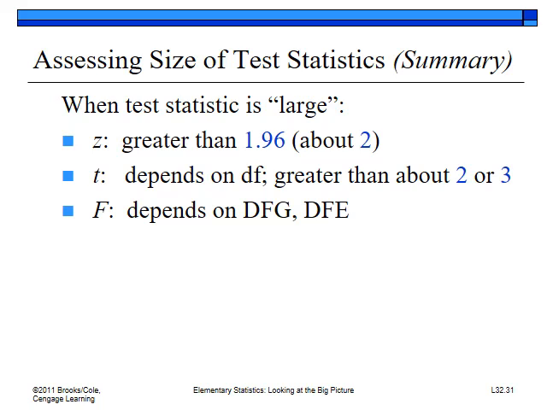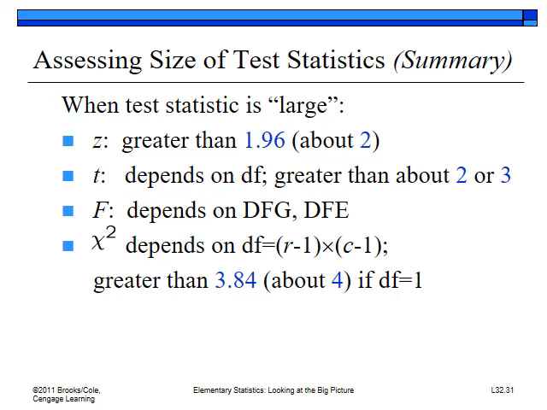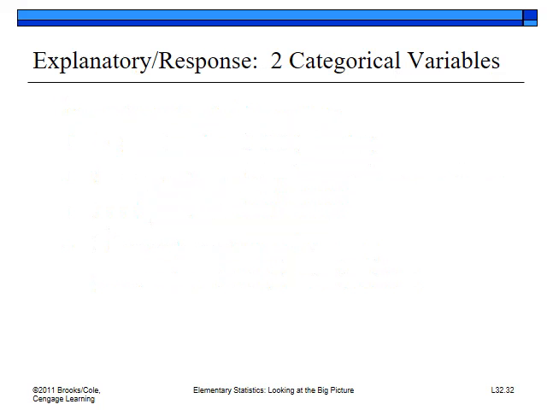F depends on all those degrees of freedom that we talked about in the last video. Chi-squared also depends on the number of degrees of freedom, which means it depends on the number of rows and the number of columns in our two-way table. For 1 degree of freedom, that is for a 2 by 2 table, you can kind of keep in mind 4 as being the cutoff for a big value of chi-squared.